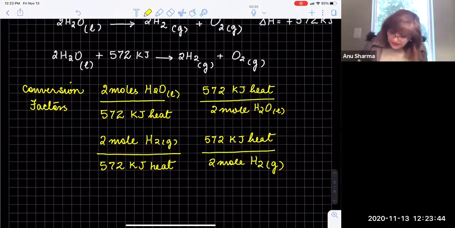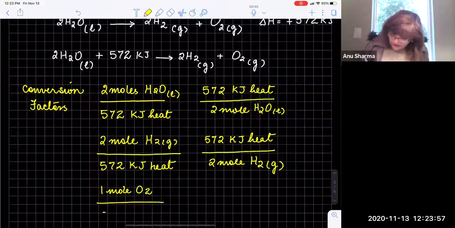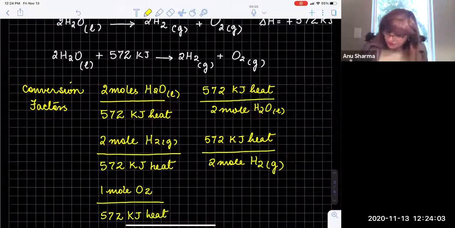Another is 1 mole of oxygen over 572 kilojoules of heat. So that's a relationship between them.